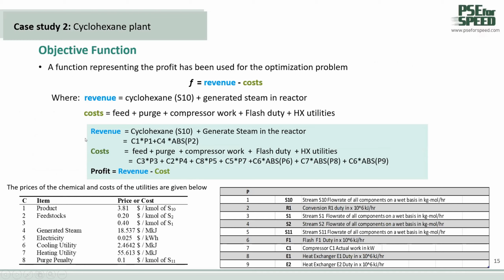The revenue is the cyclohexane price plus the generated steam from the reactor, and the cost is the feed, the purge, the compressor work, the flash duty, and the heat exchanger utility. The prices of the chemicals and the cost of the utilities are given in the table on the left, and the parameters required for the objective function are given in the table on the bottom right.